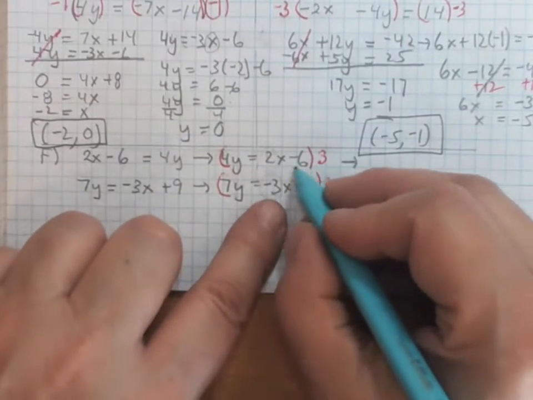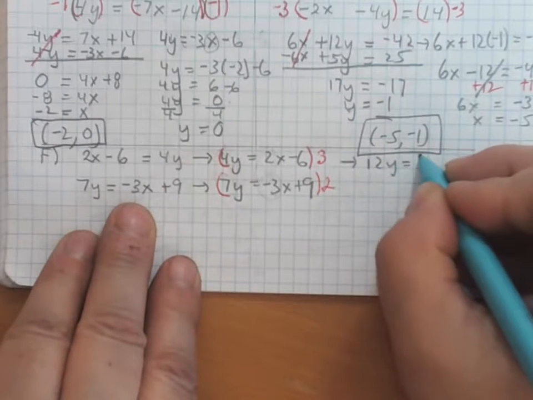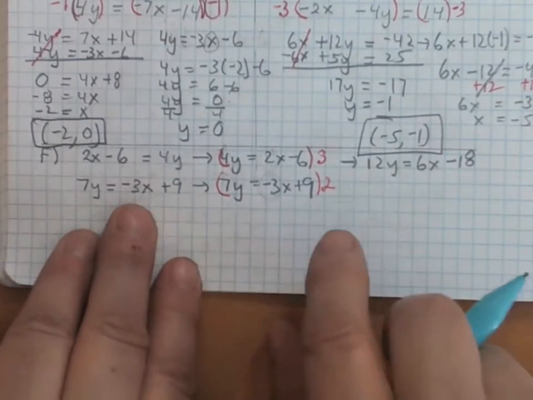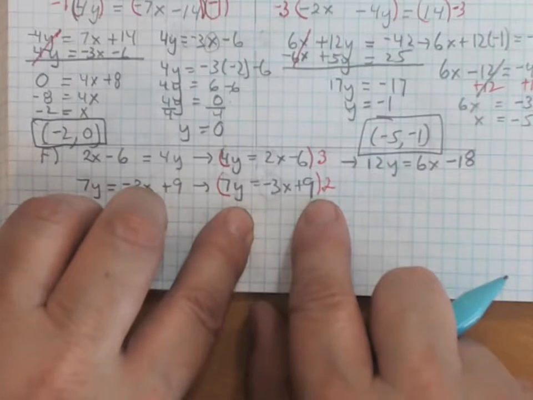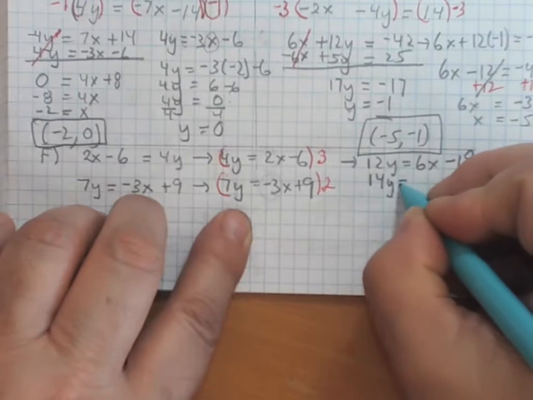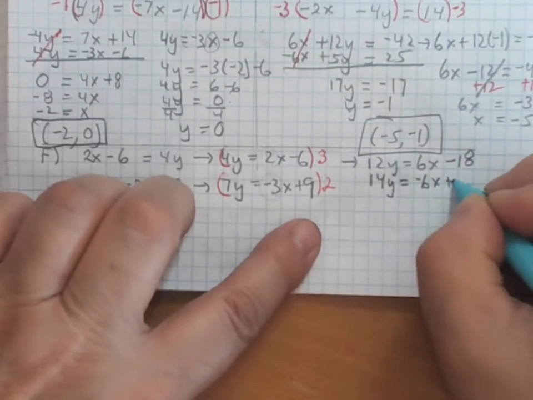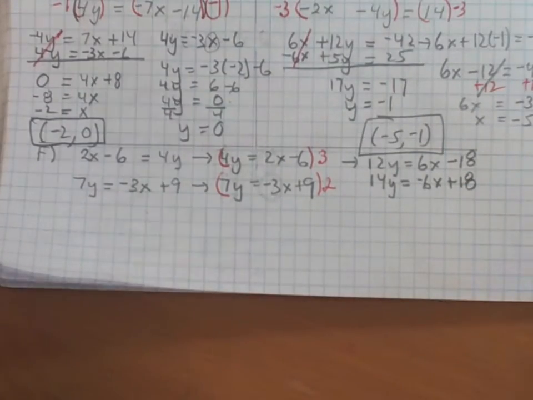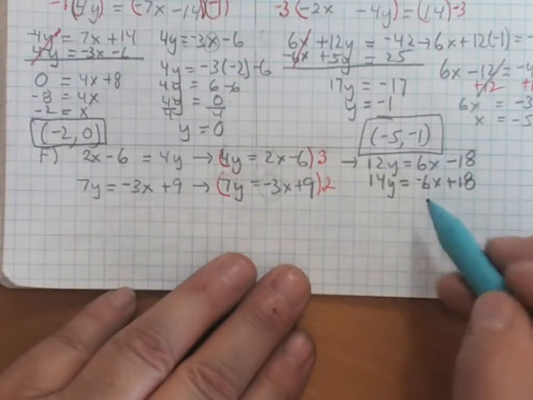Distribute, multiply everything by 3 on the top. All right, and then multiply everything in the bottom equation by 2. All right, so now we have our opposite coefficients, 6 and -6.